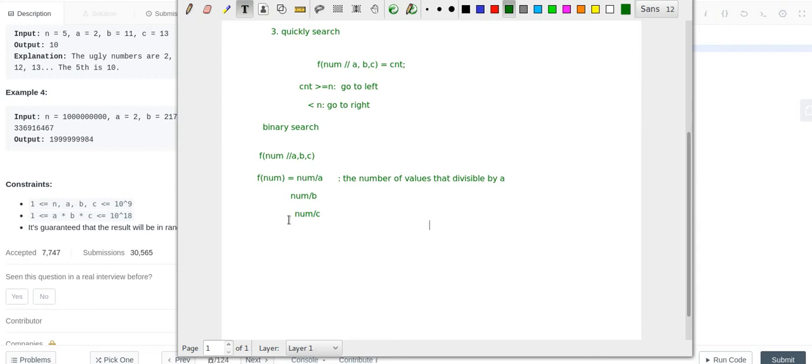When we add these three together, we have some overlap.